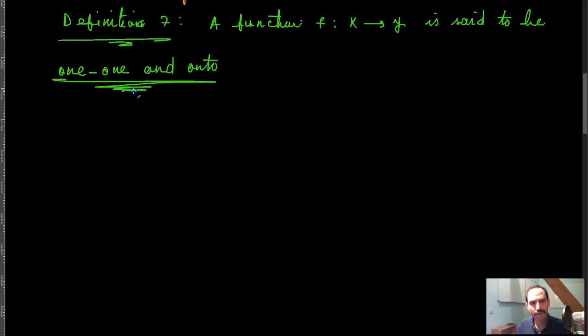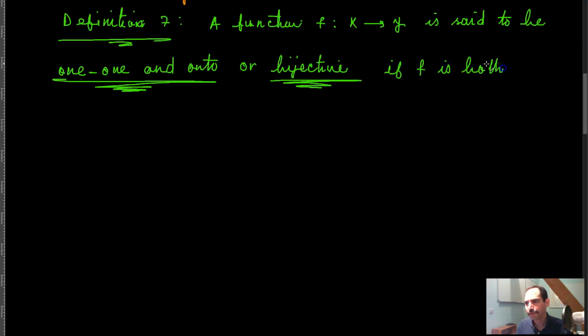So this is important. This is both 1-1 and onto, or you can call it bijective. This is also called bijective if f is both 1-1 and onto. So this is simple to understand.